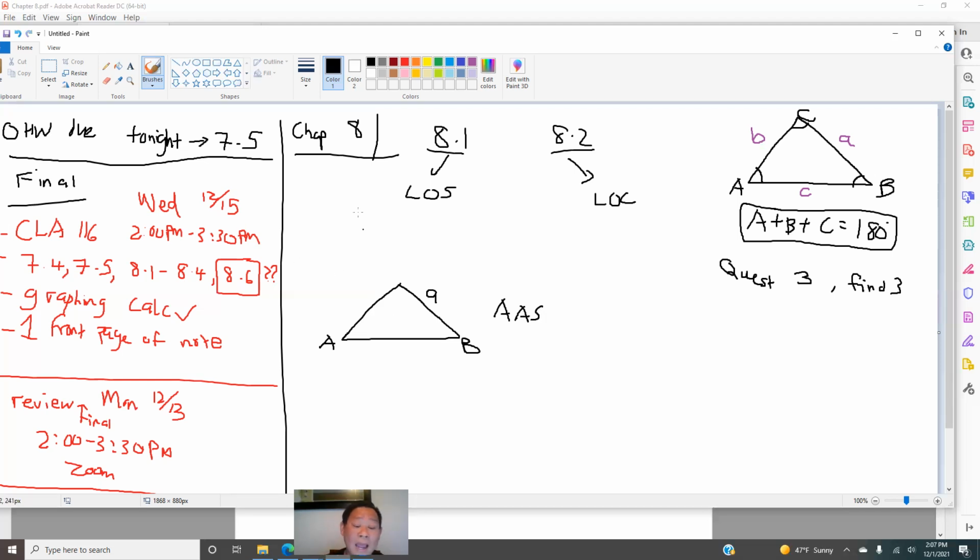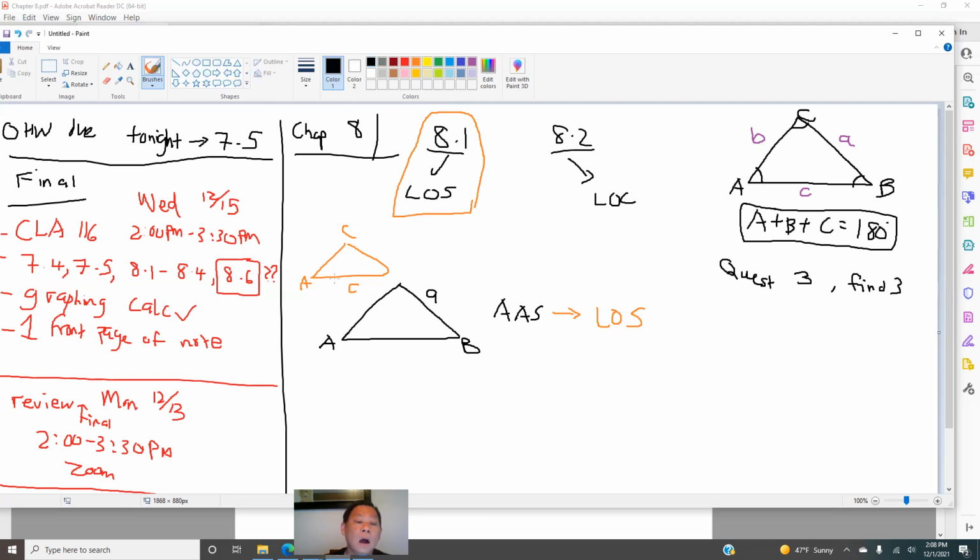It can be any 2 angles, and the side has to not be between them. There are so many ways to do this. You can be given these 2 angles and this side. As long as the question gives us 2 angles and a side, we call this angle angle side. We will use the law of sine to do this. This is very important.